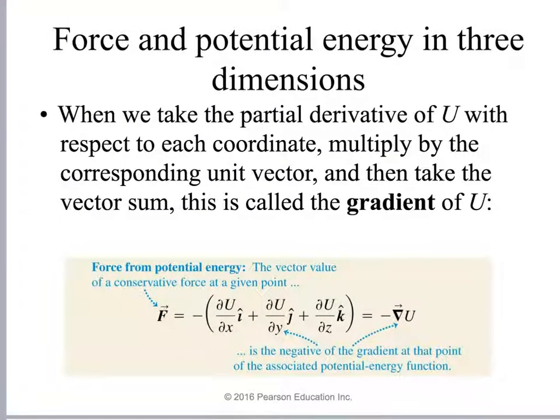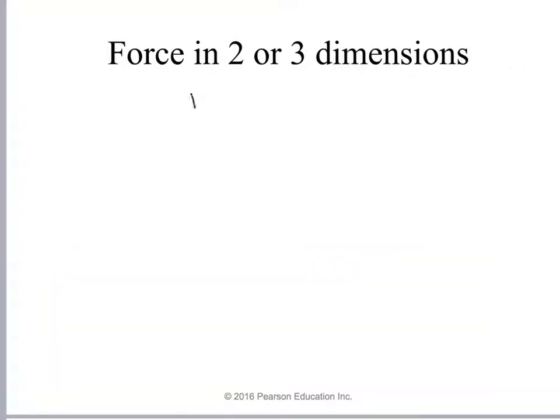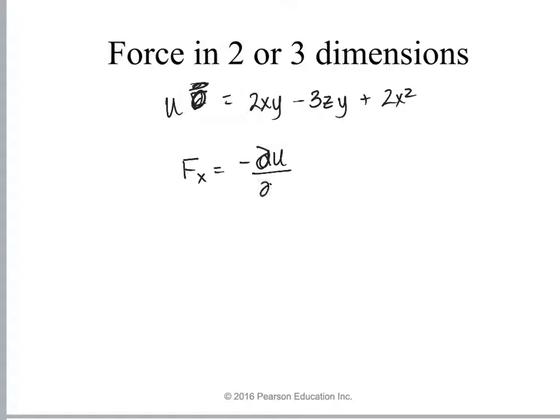And so let's look at an example. So I'm going to make up a force again. It is equal to 2xy minus 3zy plus 2x squared. And so that's my force in 2 or 3 dimensions. That's my u. And so the force in the x direction is minus the partial derivative of u with respect to x.